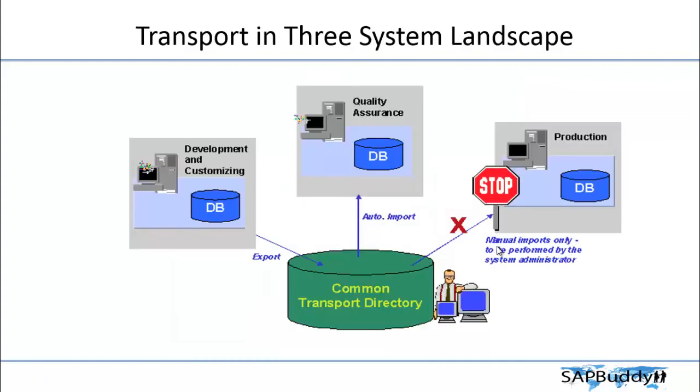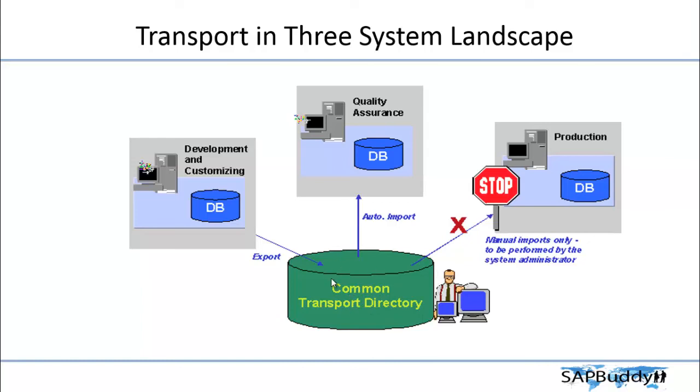Now let us see how the three system landscape works in terms of transporting the TRs. We've seen what is that three system landscape, how the TRs can be managed. Here we have three system landscape: development, quality and production. Here you see common transport directory.